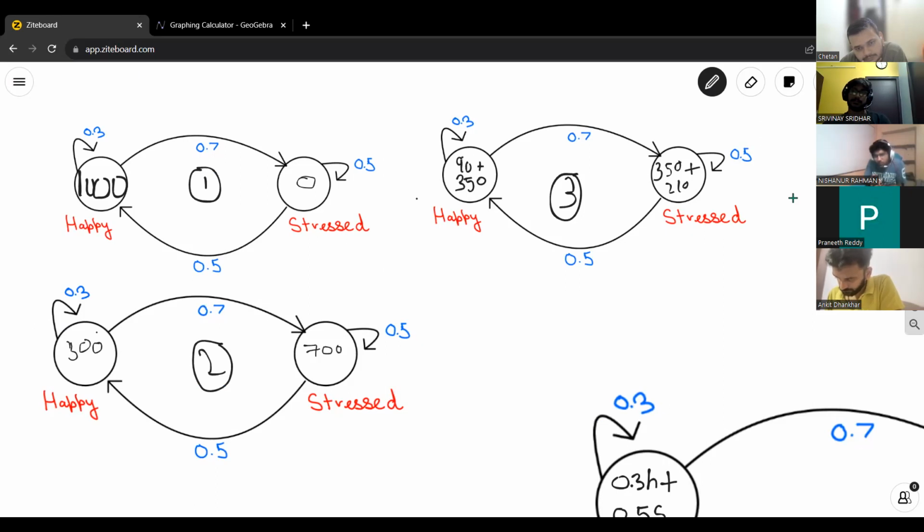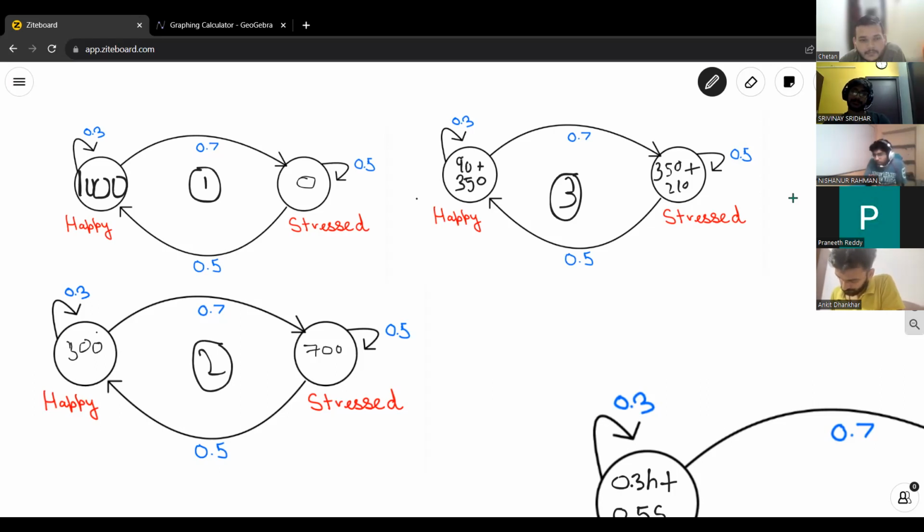Done with the second step. 30% of 300 remains, and 50% of 700 gets added. That is 350 gets added. That is 90 plus 350.